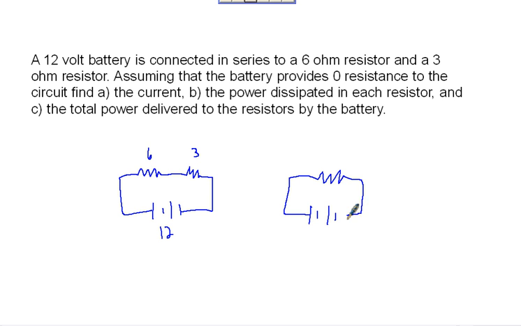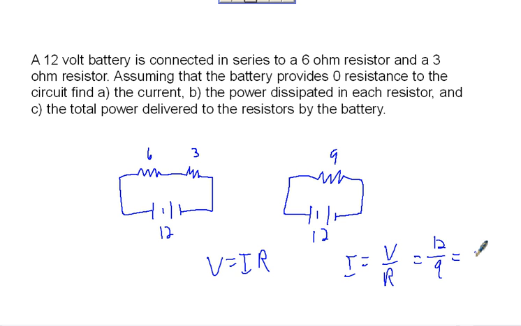V equals IR, so the current is V over R. That's 12 over 9, or what is that? 1.3 repeating, or 4/3, and that would be in amps.